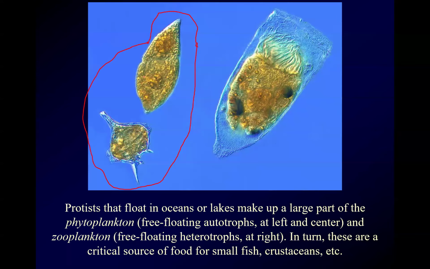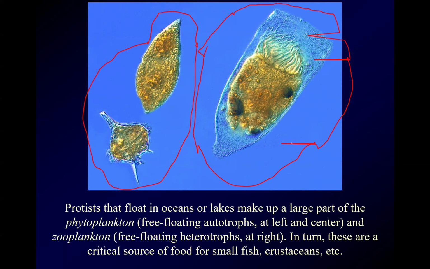So plant-like plankton are the phytoplankton. And then this thing on the right over here, that happens to be a type of organism. The technical name is it's a tintinid. What you need to know is that it's a free-floating heterotroph. It feeds by itself. We say this is a member of the zooplankton.